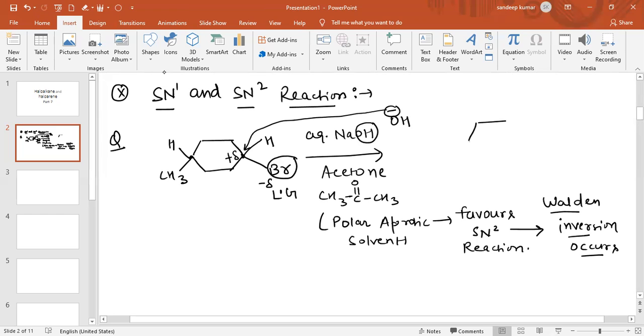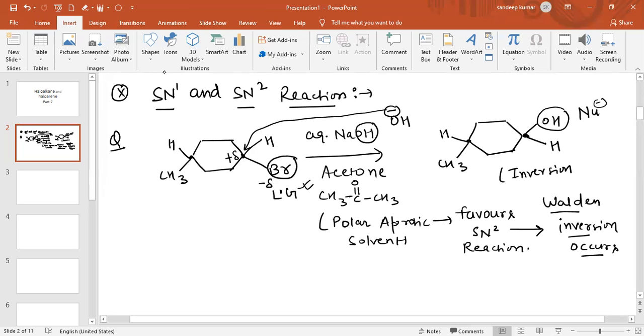In the product obtained after the attack of the nucleophile, this group will remain the same. Now OH will come on the upper side and hydrogen will go to the lower side. So the nucleophile is opposite to the leaving group. Therefore, when an SN2 reaction happens, there is inversion of the product.